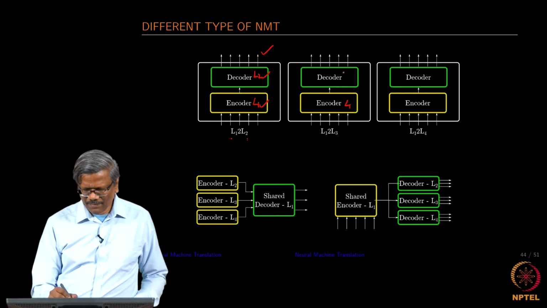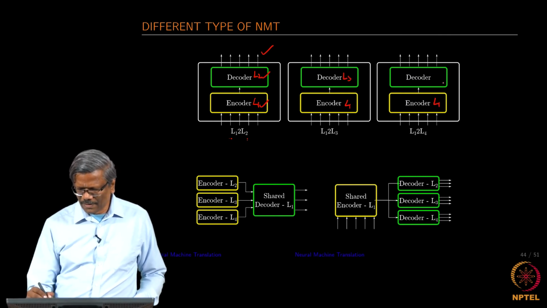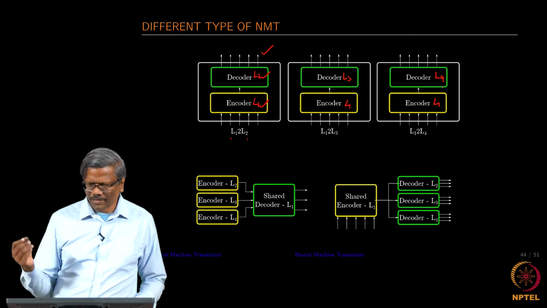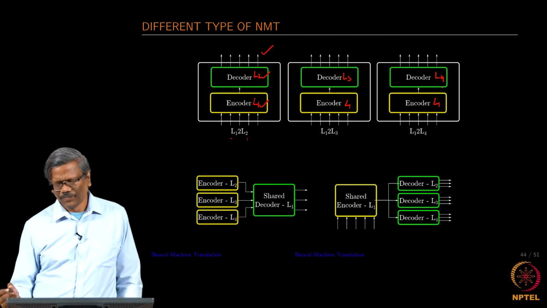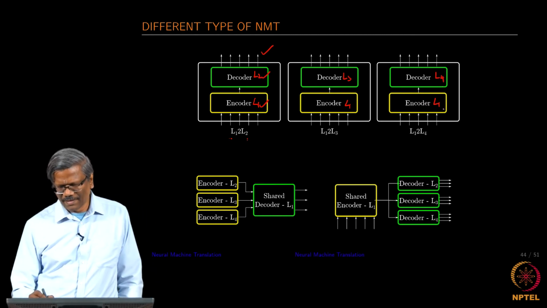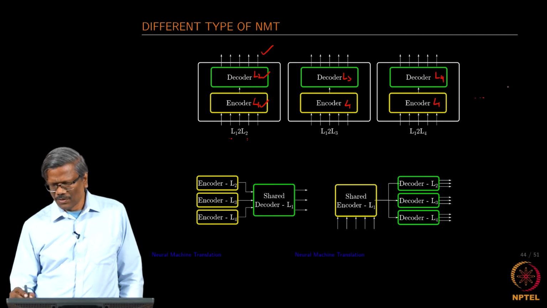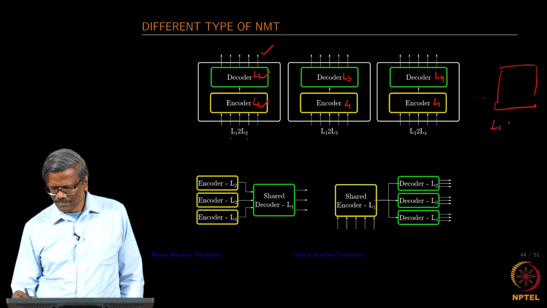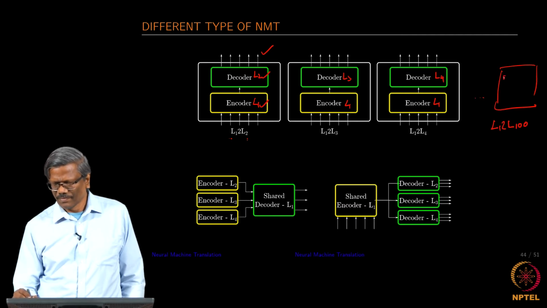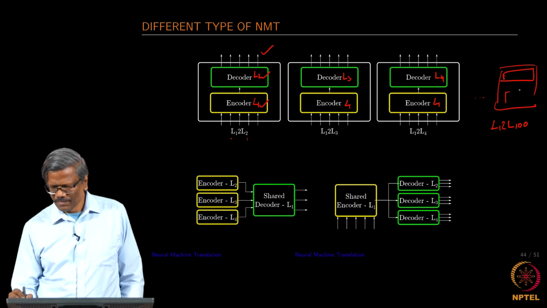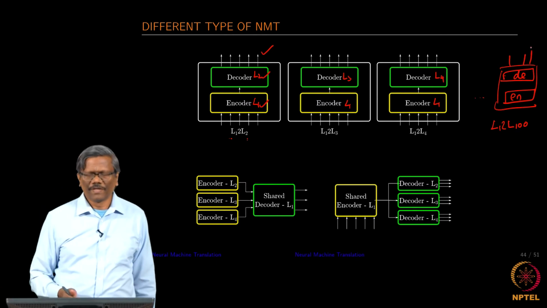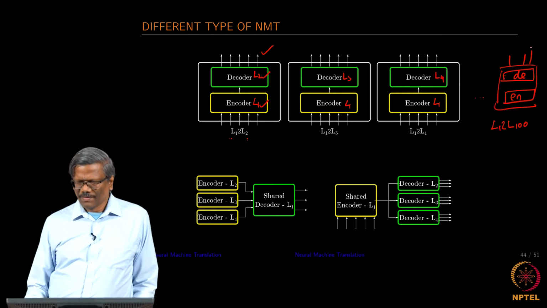So L1, L3, L1, L4. Suppose you have about 100 languages and you have the standard encoder, you will have 100 of this, right? So we need to have so many of them.